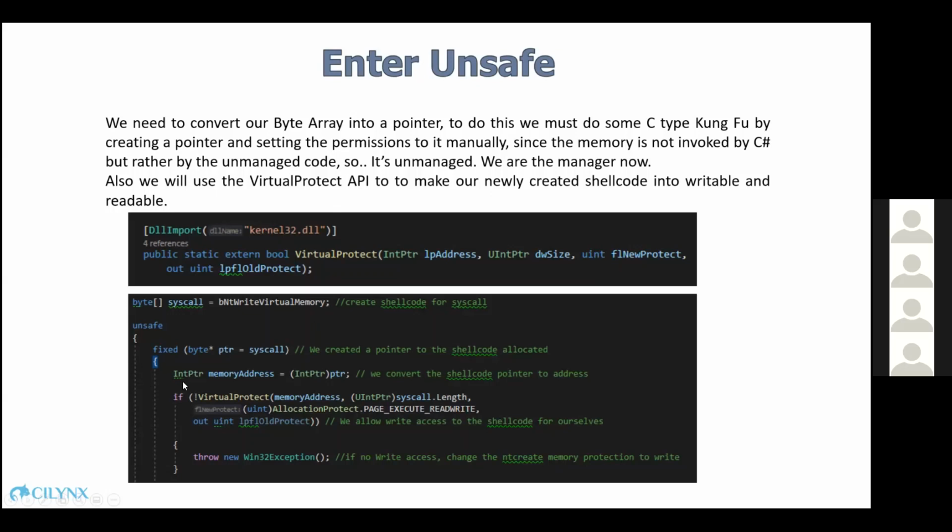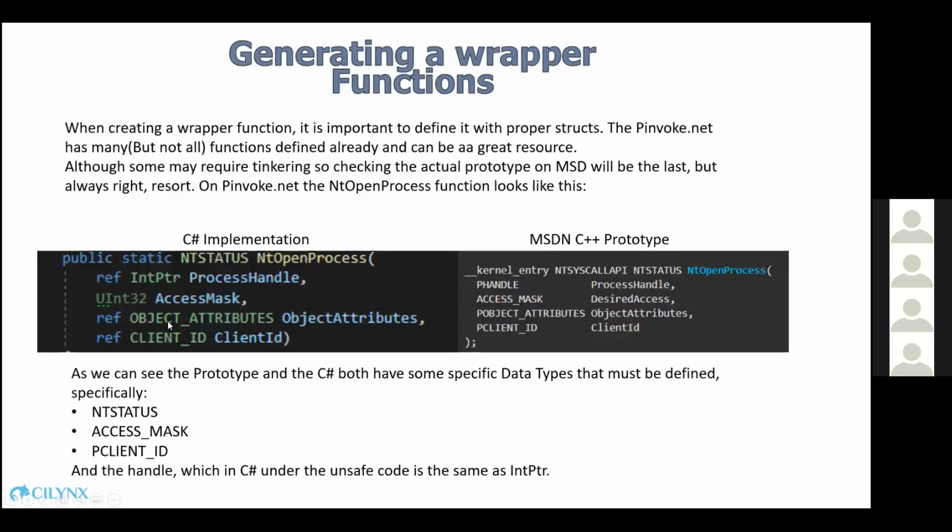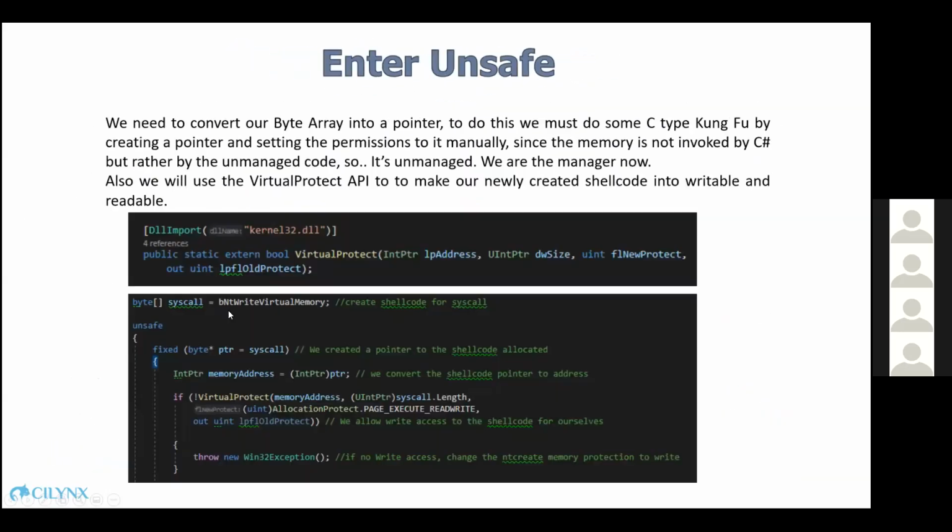Let's look here. Now you have your bytes array, which has your shellcode. This is it for reminders. And with these two pieces of magic, you generate a pointer to your memory, to this variable.